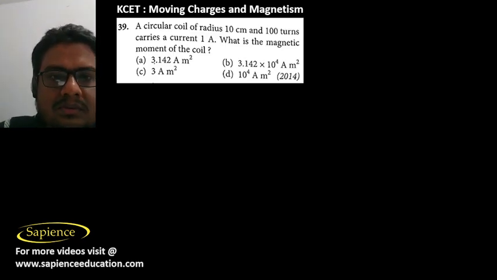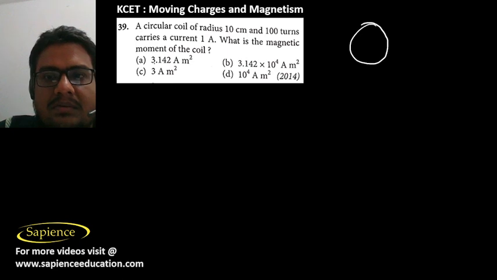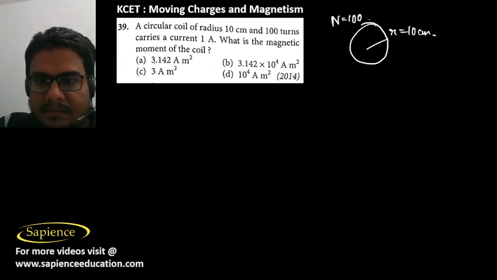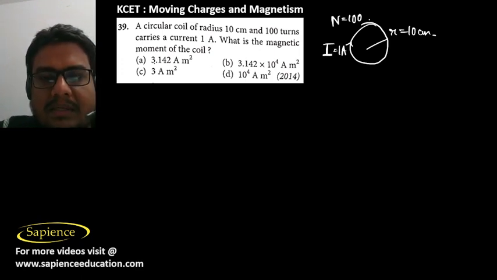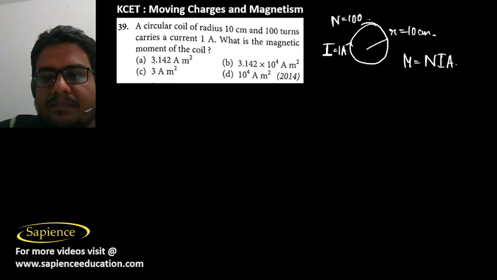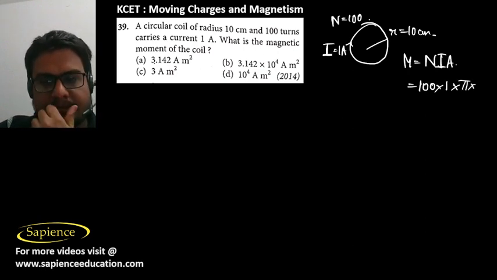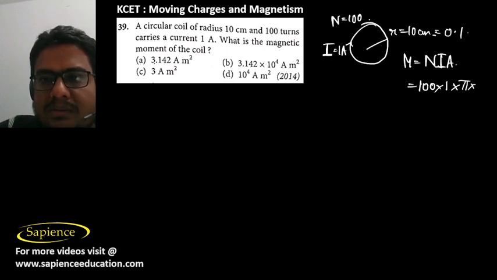In question number 39, it is told a circular coil of radius 10 centimeter has 100 turns, so N is equal to 100, and it carries a current of 1 ampere. Then what is the magnetic moment of the coil? The magnetic moment of the coil will be equal to N i into A. The number of turns is 100 and the current I is 1 ampere, and the area of cross section is pi r square, where r is 0.1 meter.